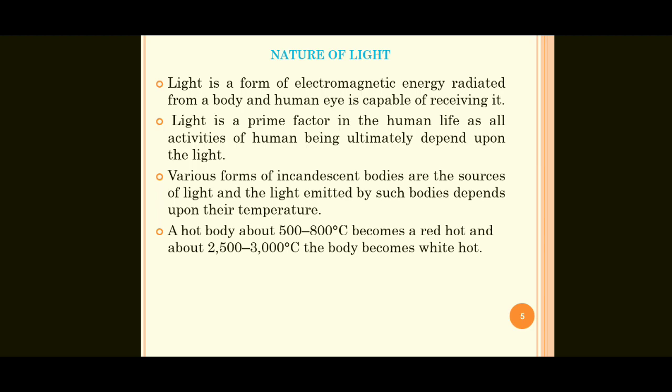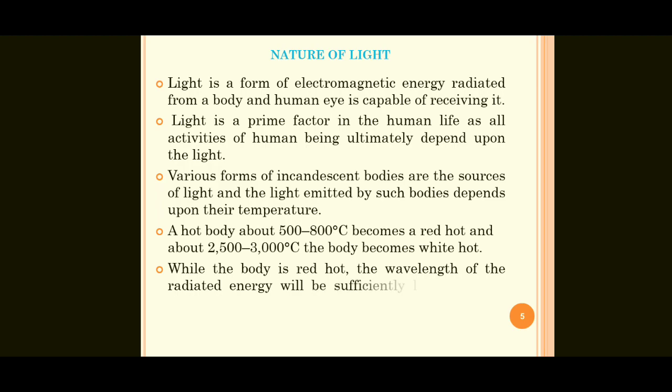It will vary with temperature. A hot body at about 500 to 800 degrees centigrade becomes red hot, and at about 2500 to 3000 degrees centigrade the body becomes white hot. These temperature variations are important for ESET exams also.